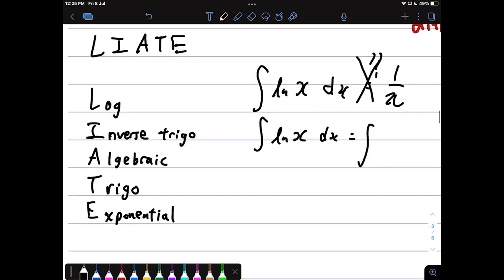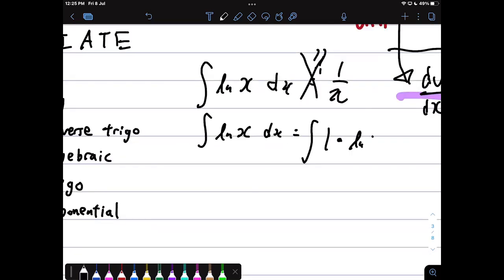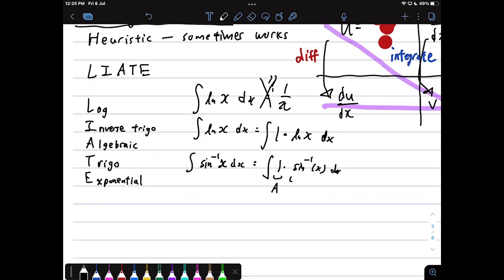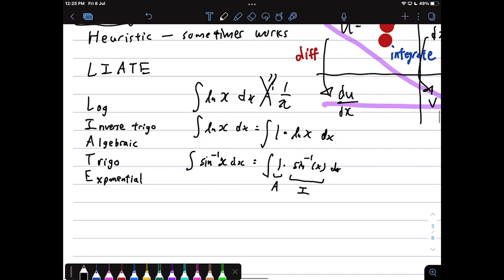You need to know the trick: 1 times ln of x dx. Same thing with, for example, sine inverse of x. You need to know it's 1 times sine inverse of x. Then 1 is really just the algebra, and sine inverse is your inverse trigo. You should realize that straight away.